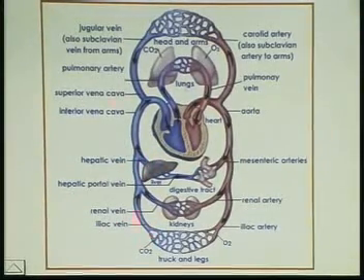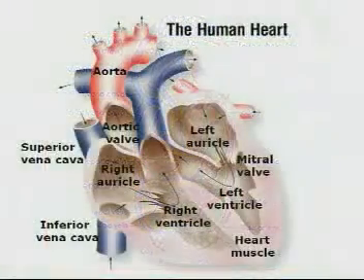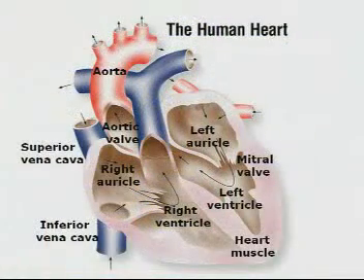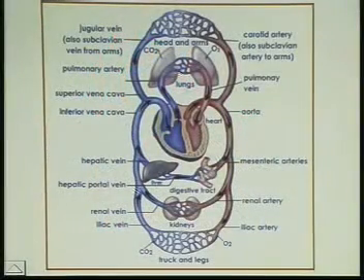Eventually, all veins, iliac vein, renal vein, hepatic vein, all combine and they open as the inferior vena cava that pours the deoxygenated blood into the right auricle. Same process takes place in the upper parts of our body.